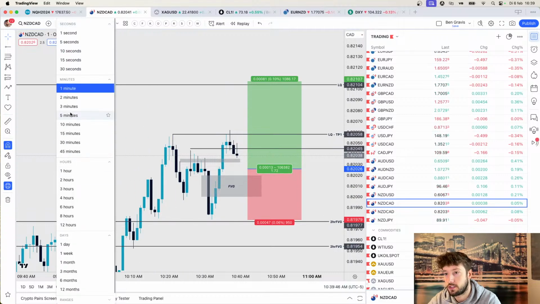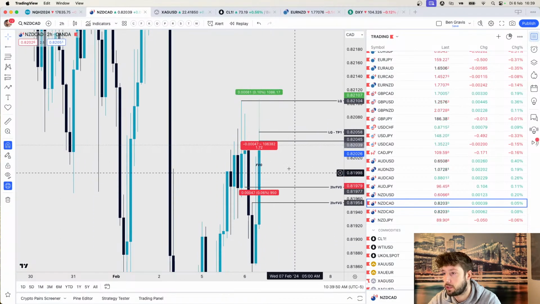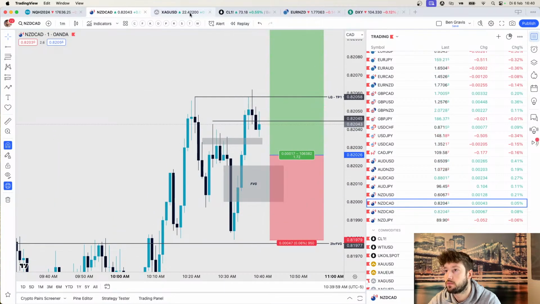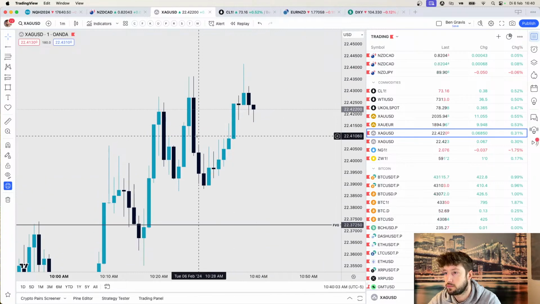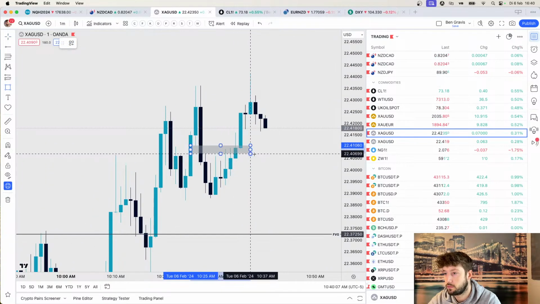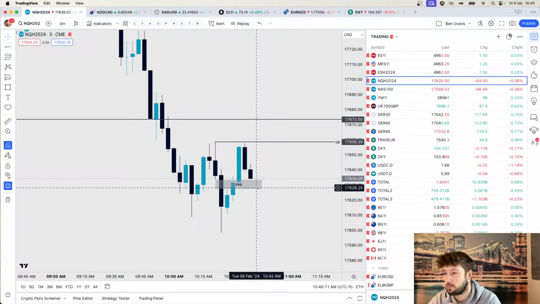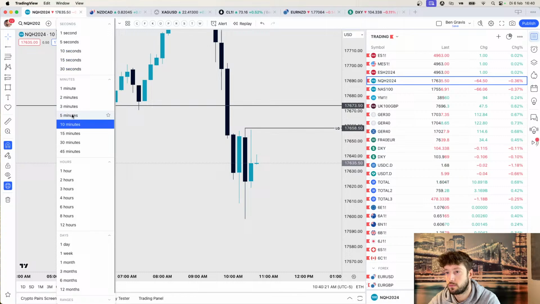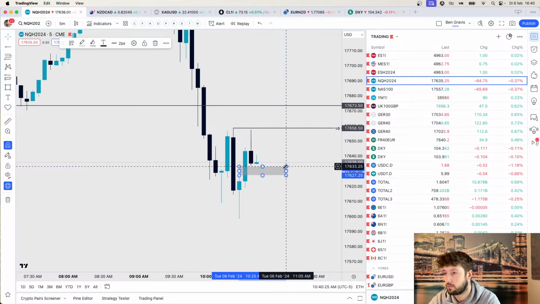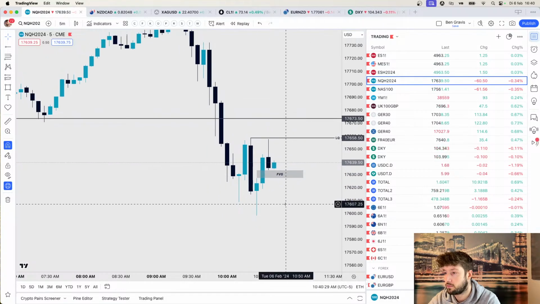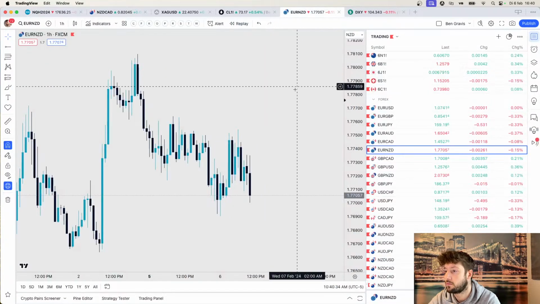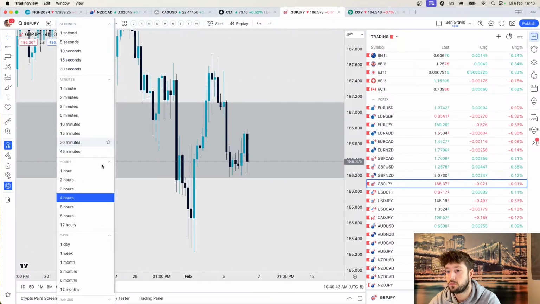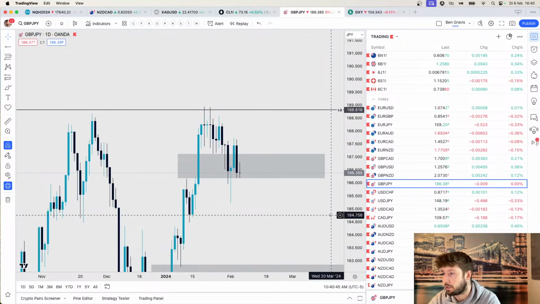We have 20 minutes left till the 2 hourly closes above that one, but we're already hitting some liquidity. It's again not the best price action, in my opinion.